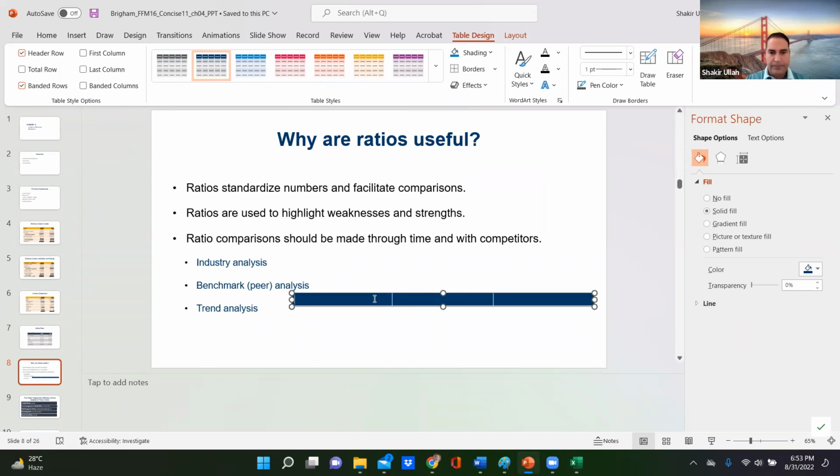So A and B, and then we write down net income.